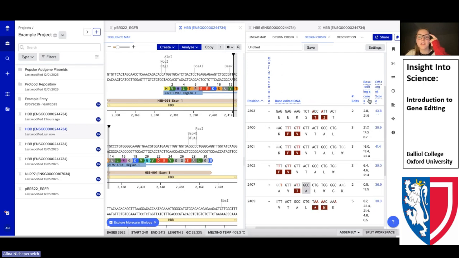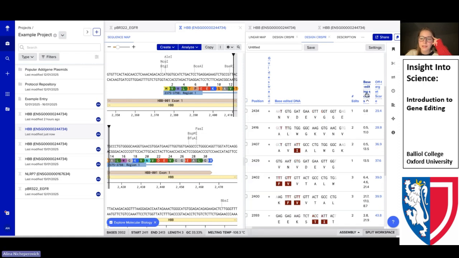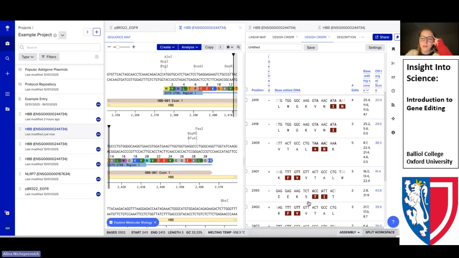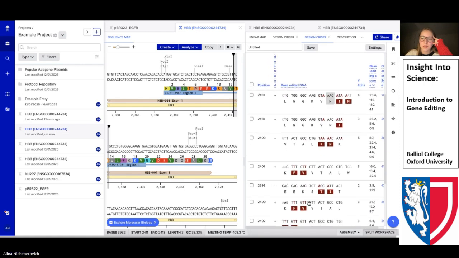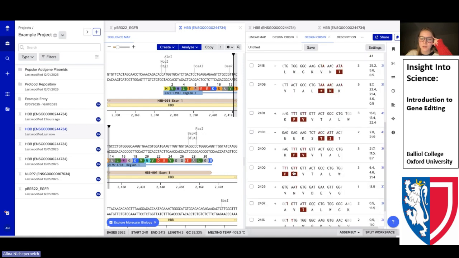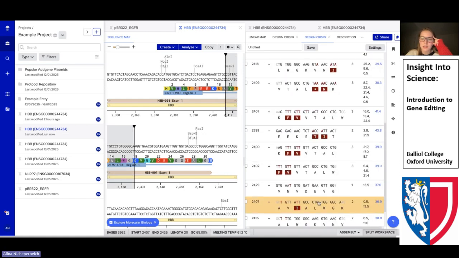But something else that's very helpful about this software is that it gives us a base editing score and an off-target score. For the base editing score, we want something that's as high as possible. And in our case, if I go back, this is it.